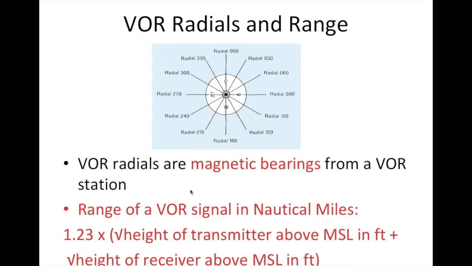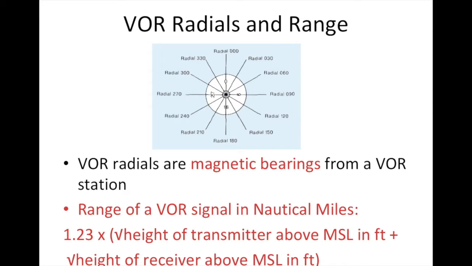One thing to make sure that you understand fully and thoroughly is that these radials are magnetic bearings. They are not true bearings. Meaning, you have a map or chart, or any type of map that you're looking at, and the map is drawn with true directions.